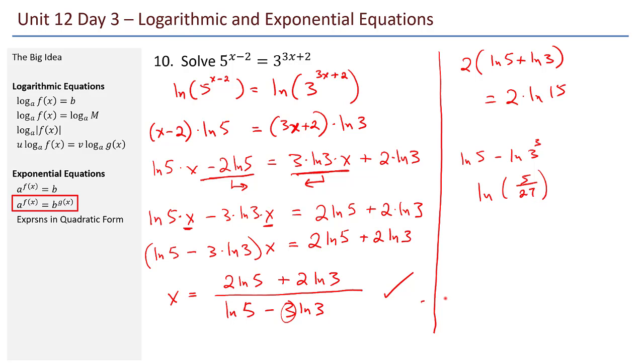So I could write this answer as twice ln of 15, all divided by the natural log of 5/27. So, like I said, the answer that we got at the beginning is perfectly acceptable, but it is curious to see the different forms that answers can take when natural logs, or when logs are involved.